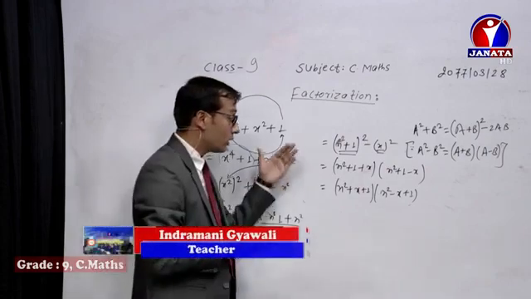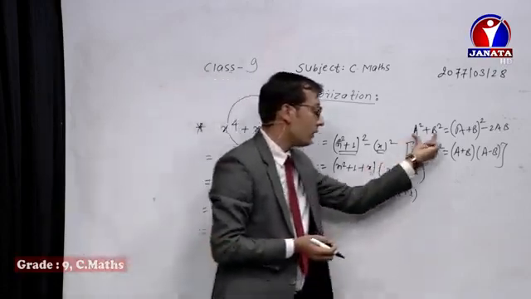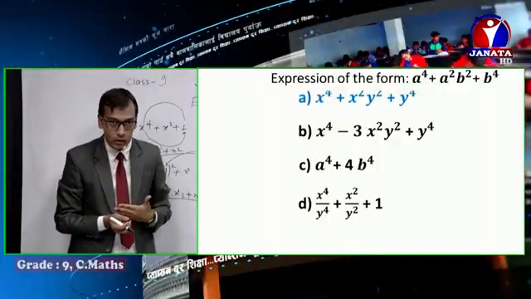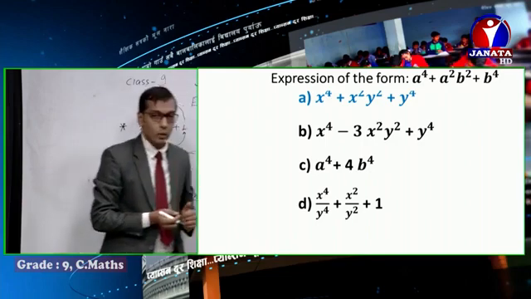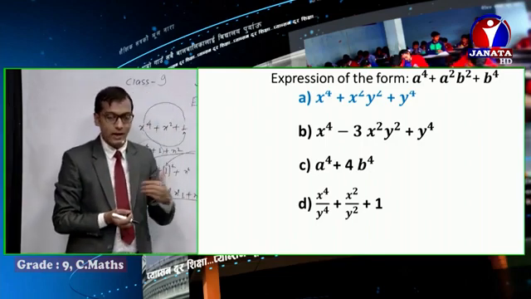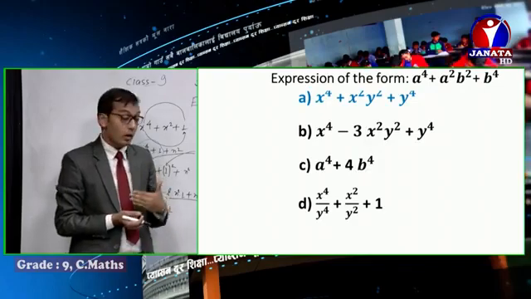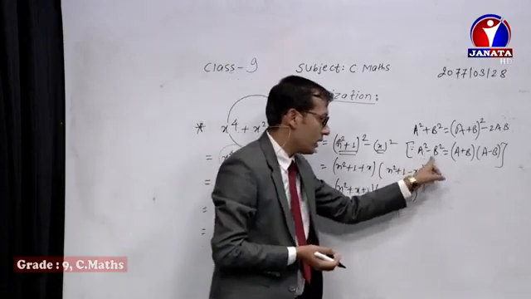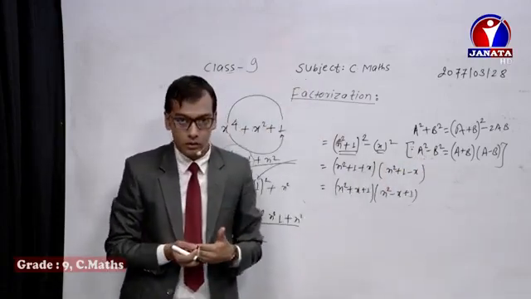In both cases, we first used the formula of a square plus b square, in its expanded form a plus b whole square minus twice ab. Then at the end of the solution, we converted the expression into a square minus b square form, and we got two factors of both algebraic expressions.